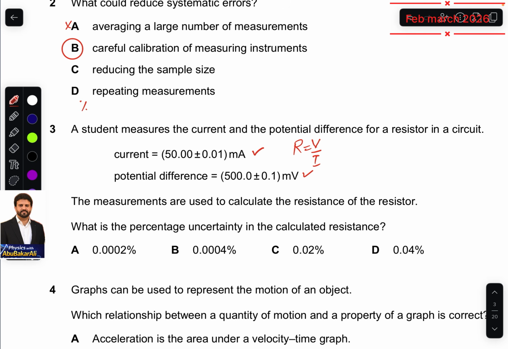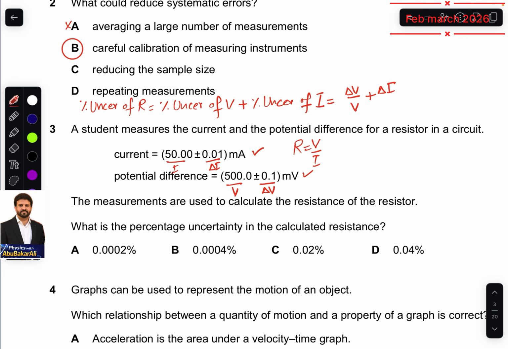So let's do it here. Percentage uncertainty of R will be equal to percentage uncertainty of V plus percentage uncertainty of I. The percentage uncertainty of V, if I write it, will be delta V over V. Let me write it down here: this is delta V, this is V, this is delta I, this is I. So it will be delta V over V plus delta I over I, and all of this multiplied with 100.